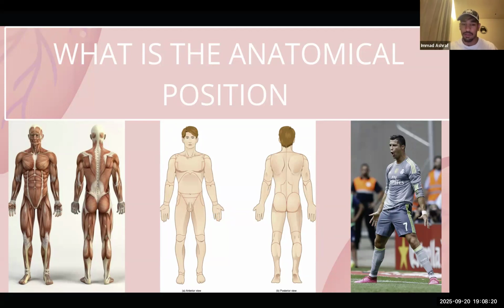It's like the basic standard for description of anatomy. As you can see, over here, the palms are facing out. So like this, right? I don't know if you can see on the screen, but this way. And then the legs are close together, right? And yeah, that's it.